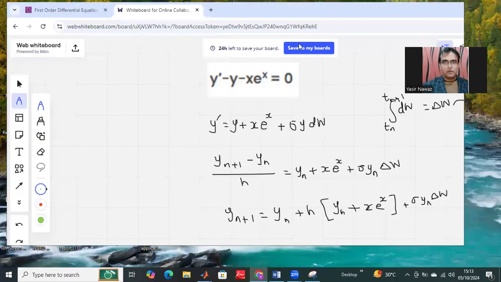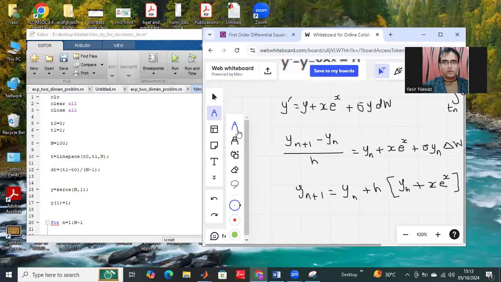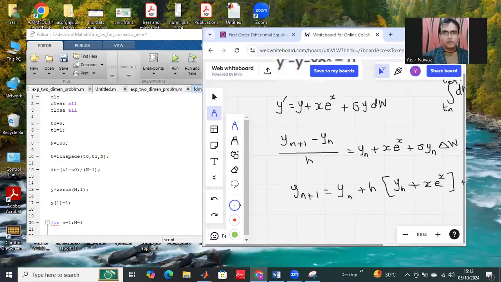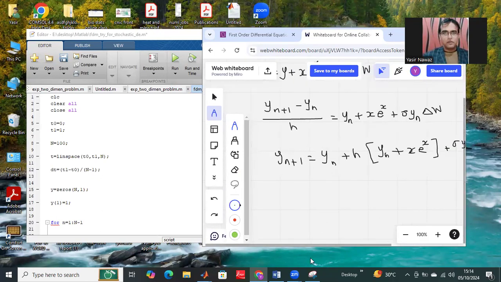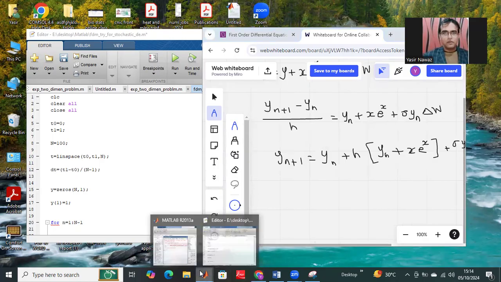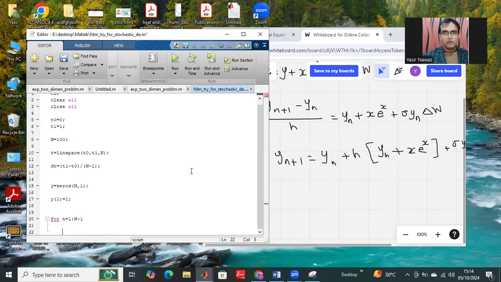I will use the last equation. So it's y_{n+1} is equal to y_n plus dt instead of h.